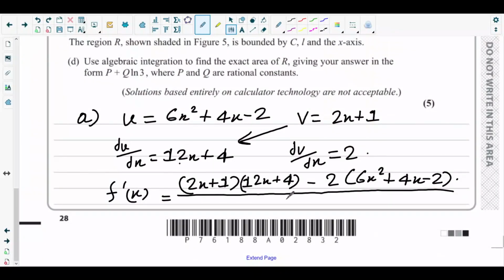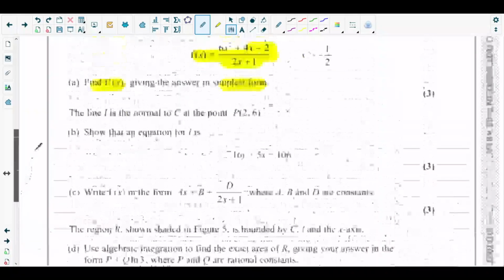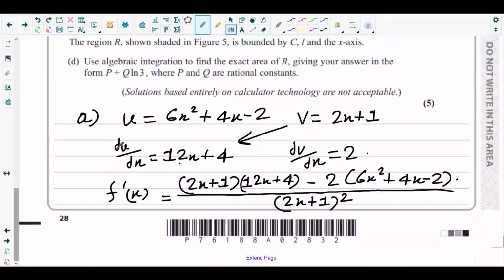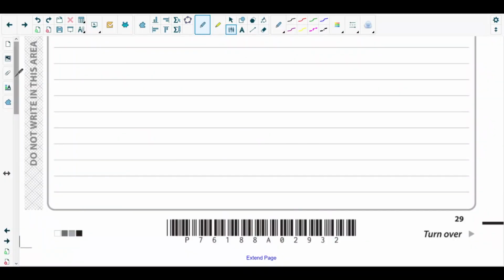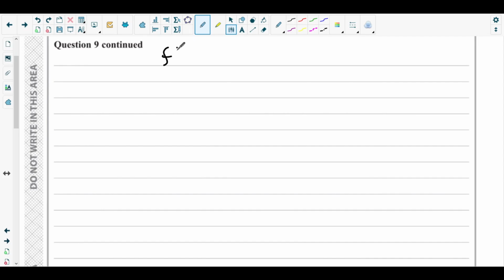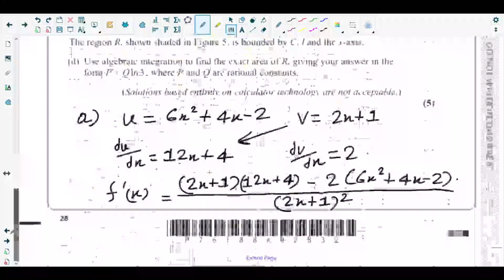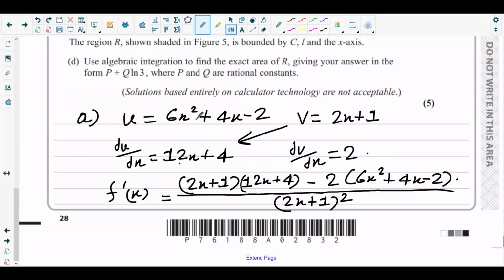V squared is twice of x plus 1 whole squared. Now we need to simplify it because they wanted the gradient function in the simplest form. So twice of x times 12x gives you 24x squared, plus 8x plus 12x, that is 20x plus 4, right?